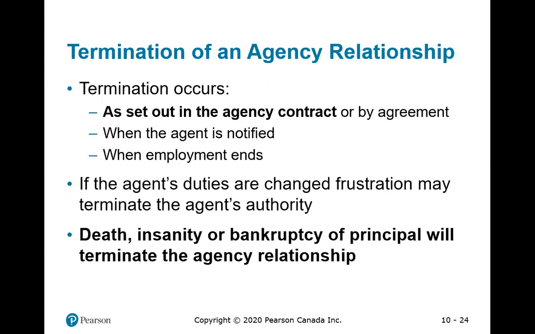And an agency relationship will end when the contract ends, on the date set in the contract, or when parties agree to end the relationship, or if the principal passes away, becomes insane, or goes bankrupt. Then the agency will end.